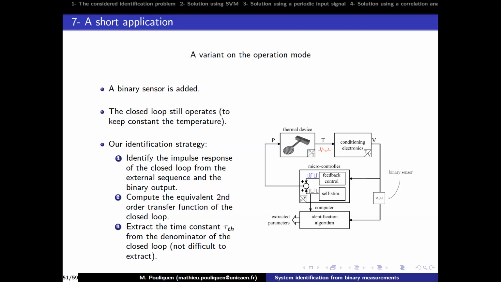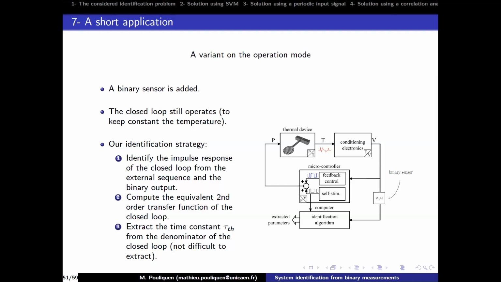And from the real output, I identify the closed loop. It's a second order closed loop, and from this second order, it's not difficult to extract the time constant of the system. The main point is to estimate the impulse response of the closed loop.